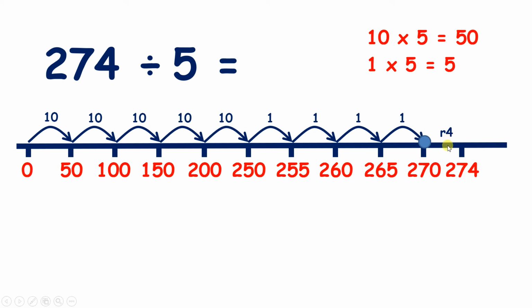Not another 4 steps of 5, but just another 4. So that 4 is our remainder. So altogether, we counted on 54 steps of 5, and then counted on another 4. So 274 divided by 5 equals 54 remainder 4.